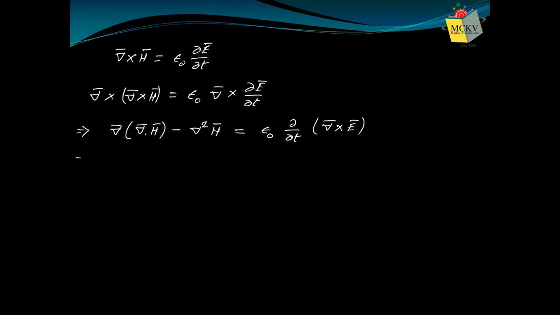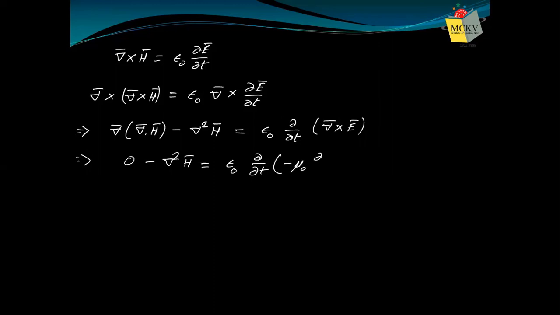Again, del dot H is 0, Maxwell's second equation. This is 0 minus del 2H equals epsilon naught del T. Maxwell's third equation, curl E. What is curl E?